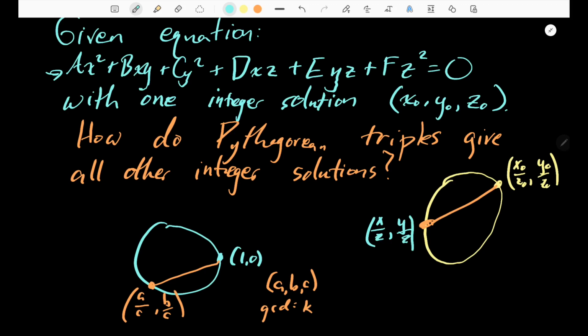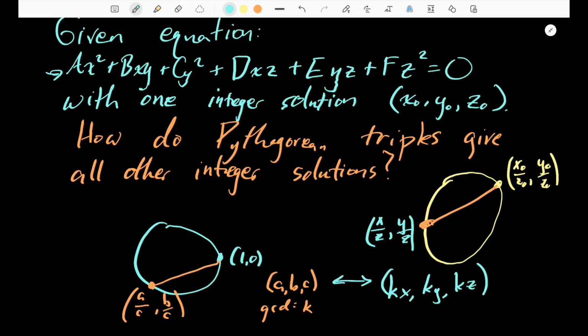And then I remember my greatest common divisor. So the triple I associate to ABC is then kx, ky, kz. And that gives us a 1-to-1 correspondence between Pythagorean triples and integer solutions to our general homogeneous equation.